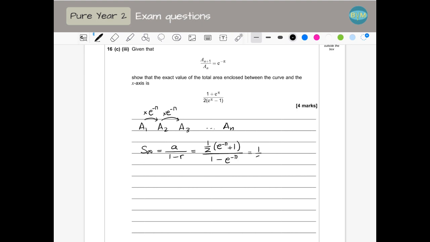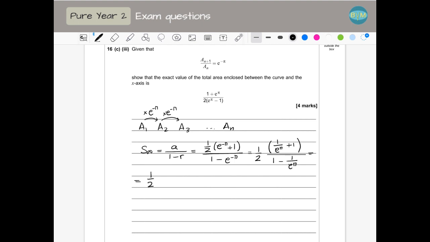So the 1/2 can go at the front, and then instead of e to the power of minus pi, I'm going to write this. Yeah, so I'm going to bring it to the denominator. And I'm going to do the same with the other one. So I have 1 minus 1 over e to the power of pi. And I'm going to add the fractions.